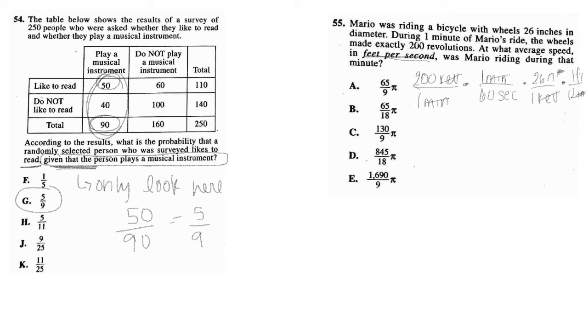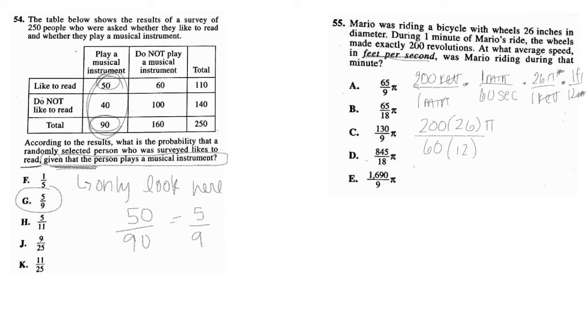So let's list out what we have. I have 200 times 26 over 60 times 12. And we don't need to forget our pi. So let's grab our calculators and leave pi in your answer. Notice that's what we're given here.